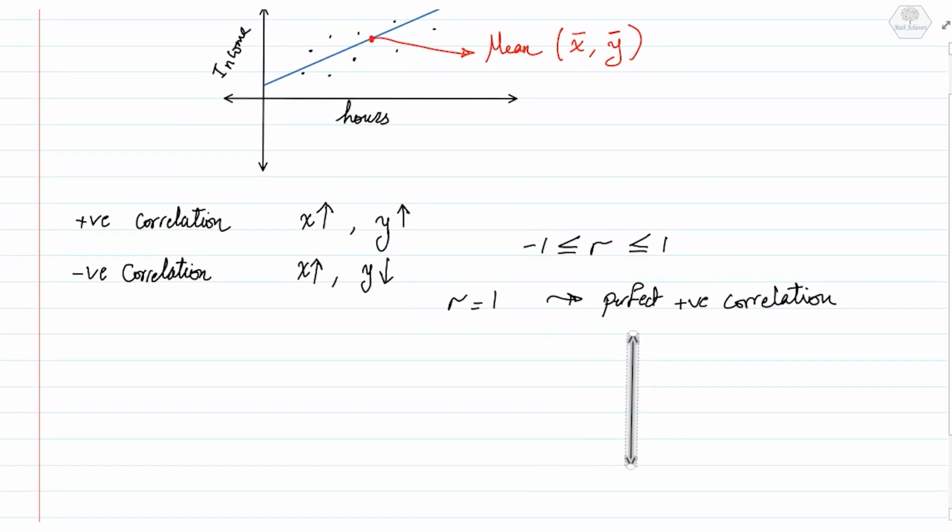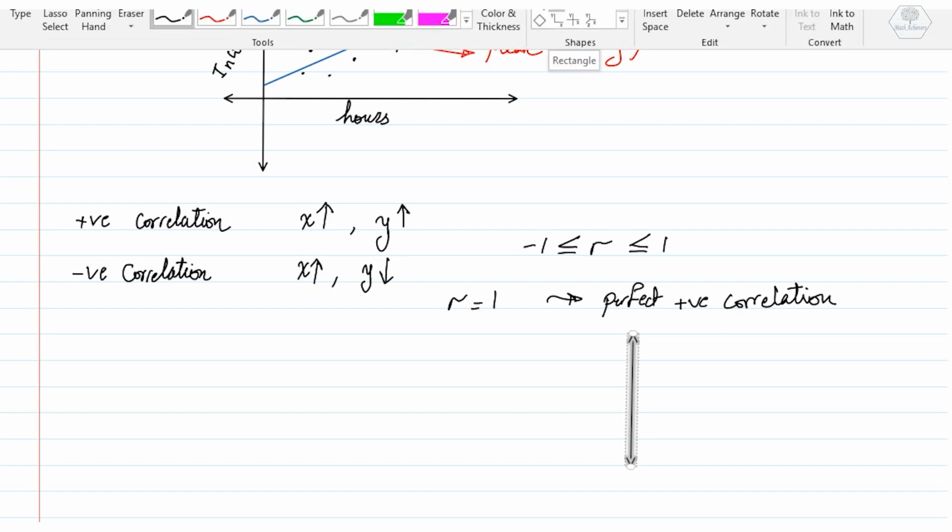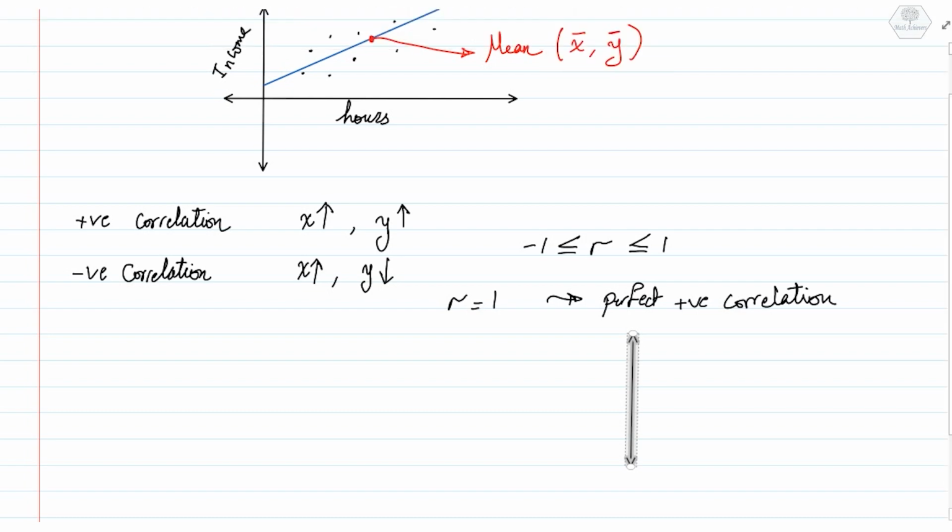So by drawing my axis, all my points will be forming a straight line in my scatter plot.